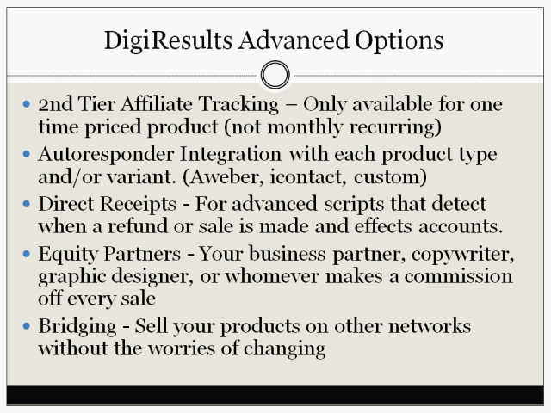For example, if your product is on different affiliate networks, you can put it on DigiResults and bridge it so that if somebody makes a sale on pay.com or JVZoo, it still bridges with DigiResults, and you don't have to worry about taking your product off the other affiliate networks to be compatible and bridge over to DigiResults. That's a really cool feature that is part of DigiResults.